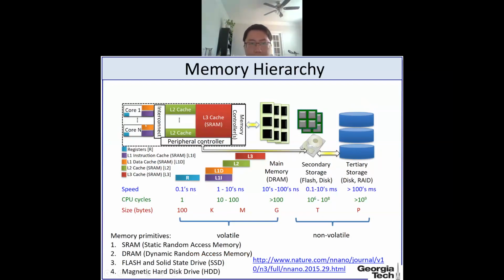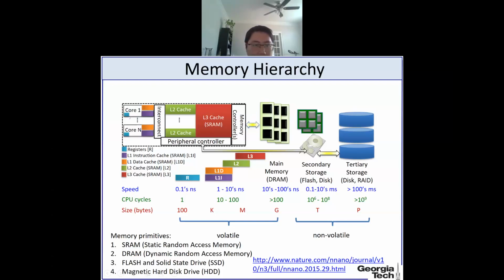And again, this shows the different levels or different technologies in the memory system. And again, this box stands for the chip for the processor. And on the processor, you may have multiple cores these days. It's a multi-core processor. And within each core, of course, you will have a lot of logic components, like your adders, multipliers, and so on.